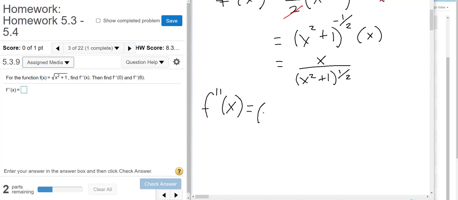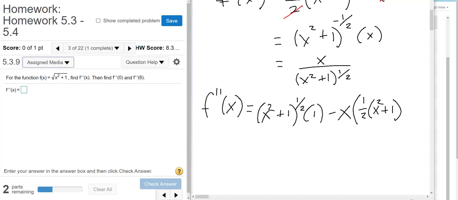So we take our denominator, x squared plus 1 raised to the 1/2, times the derivative of the numerator, which is just a 1, minus the numerator times the derivative of the denominator, 1/2, times x squared plus 1, times 1/2 minus 1, negative 1/2, times derivative of the base, 2x.